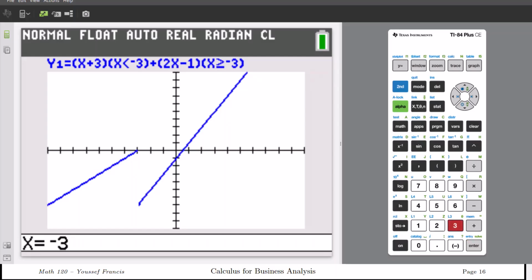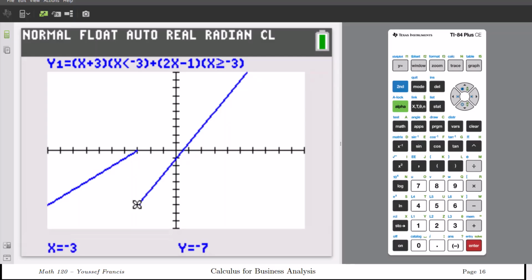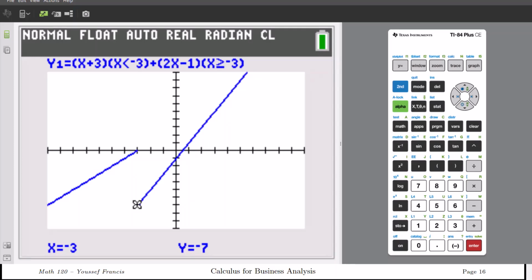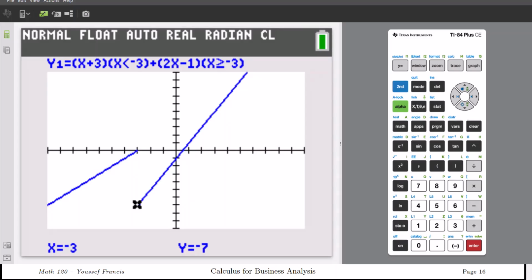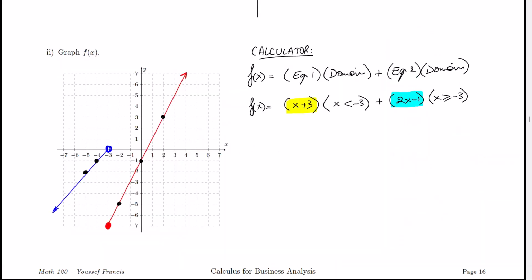When x was -3, notice what the calculator is going to do. It's going to go straight to the solid point. So on the other side, it looks like when x is -3, the y should be approximately 0, and that's the open circle like we did in our side, right? We put an open circle there in that region because we're not technically allowed to touch the border on that side, but we're allowed to touch it on the red side of the curve.